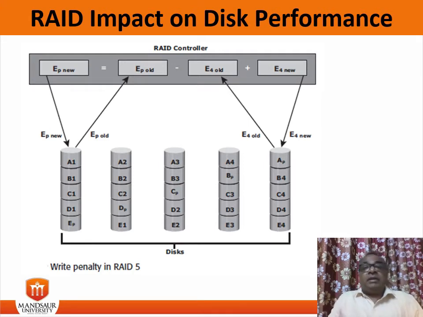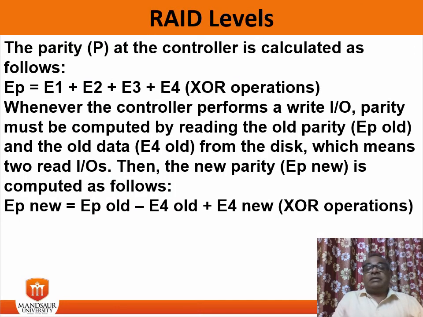The parity P at the controller is calculated with the help of this: EP is equal to E1 plus E2 plus E3 plus E4. That is the XOR operation. Whenever the controller performs a write IO, parity must be computed by reading the old parity, that is EP old, and the old data, that is E4 old, from the disk, which means two read IOs.